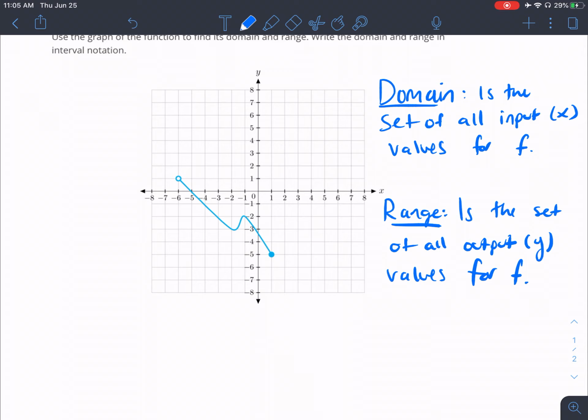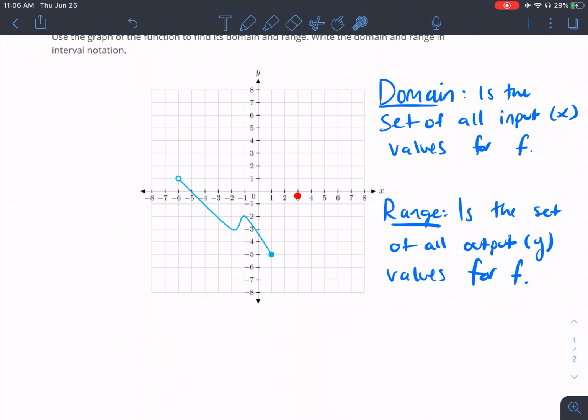So that means we need to see, just by looking at this graph, what are all the possible x input values that we're using, and which are not. Notice that, for example, x equaling 3 corresponds to no point on the graph.